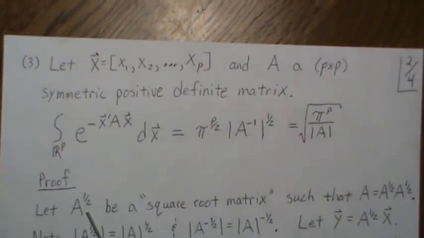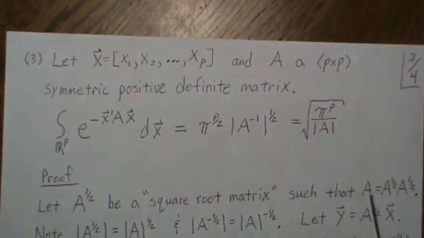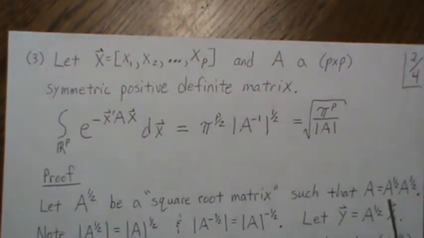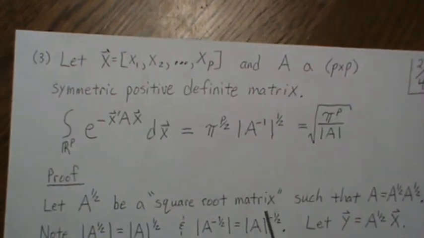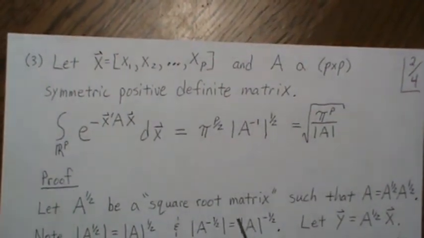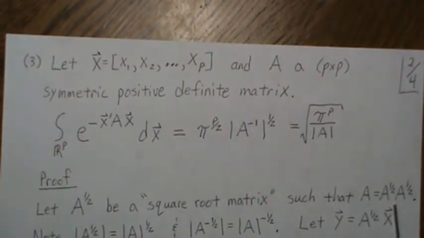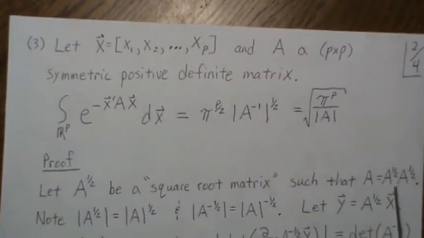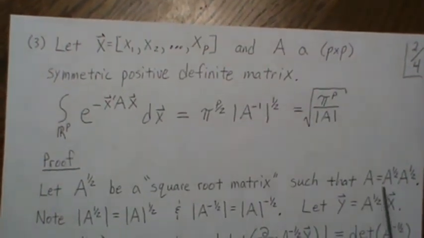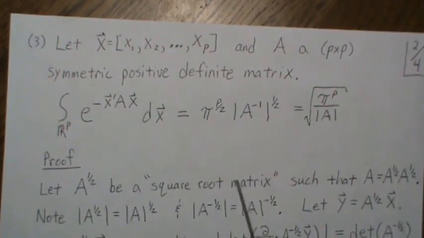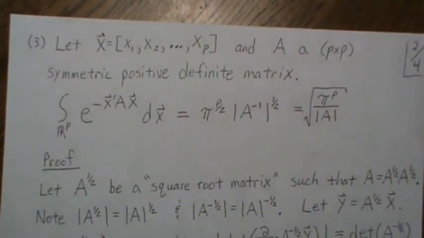So let's let A to the 1/2 be a "square root matrix" such that A is equal to A to the 1/2 times A to the 1/2. And I have quotes around this because I have a video called a square root matrix that helps explain what this is. Now, in that video, we don't really cover these properties, but based on this video, it can easily be shown that these properties are true.